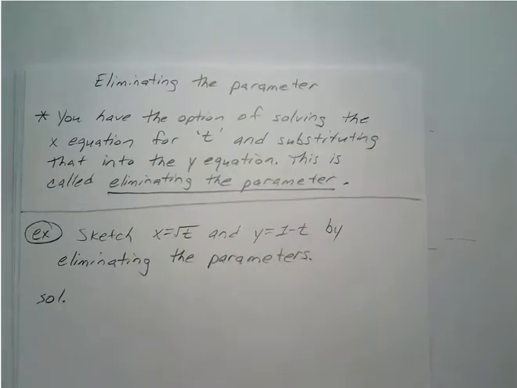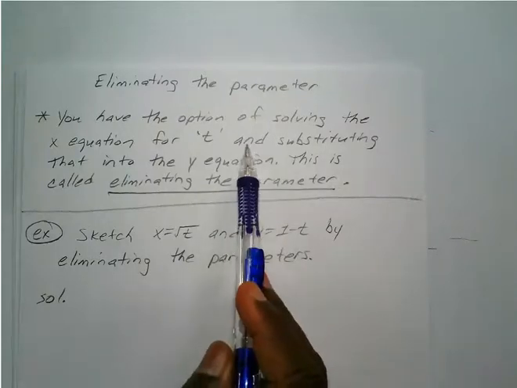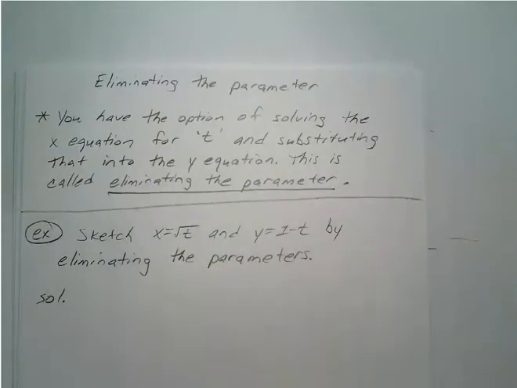So to eliminate the parameter, remember, you have to solve the x equation for t.